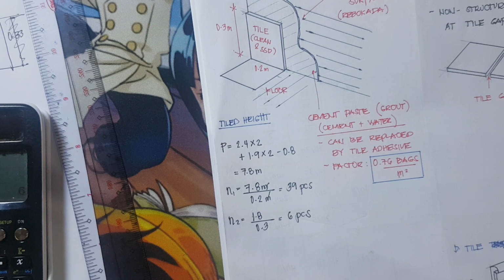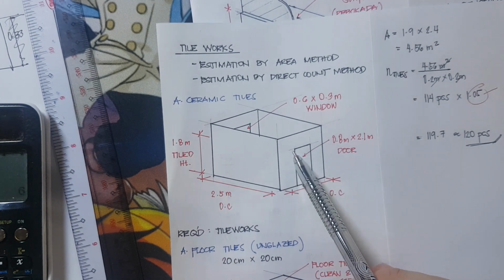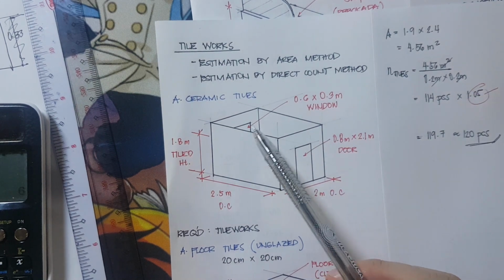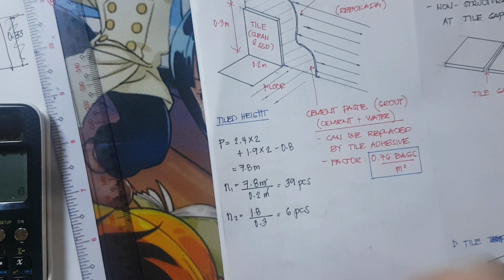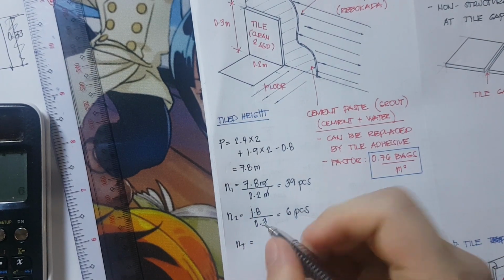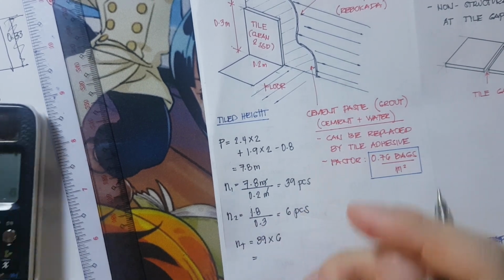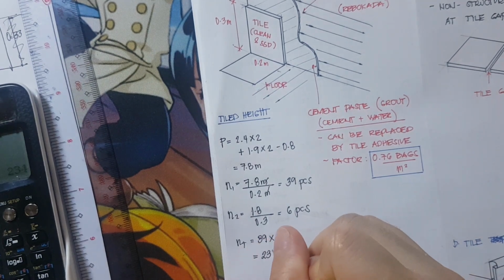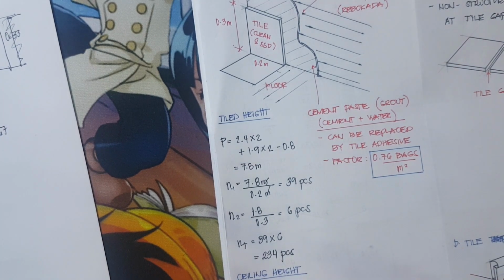We're already done, because the opening is until here. The tiles don't extend up to where the opening is, and our window is above the tiled height. So, the total number of tiles, NT, is equivalent to 39 times 6, and that is 234 pieces.